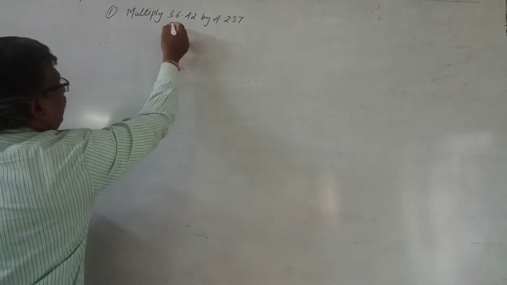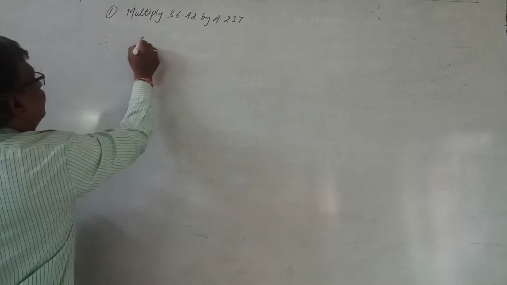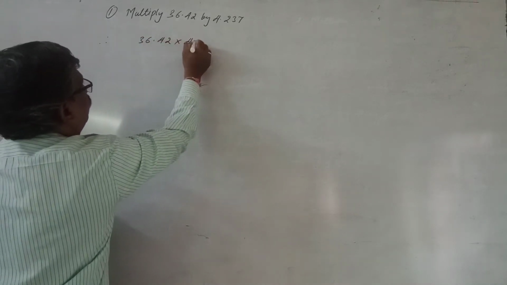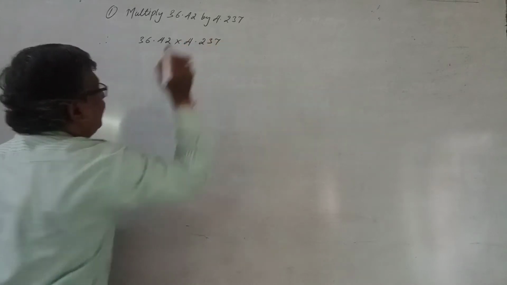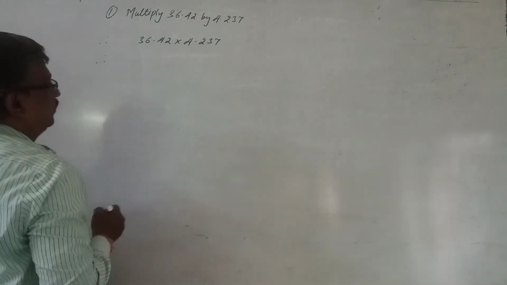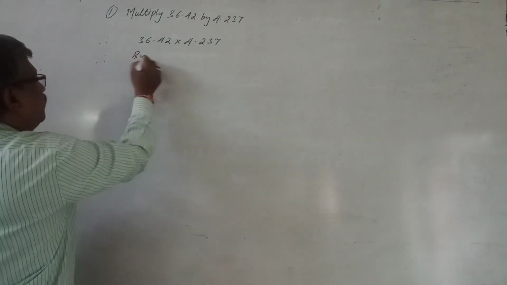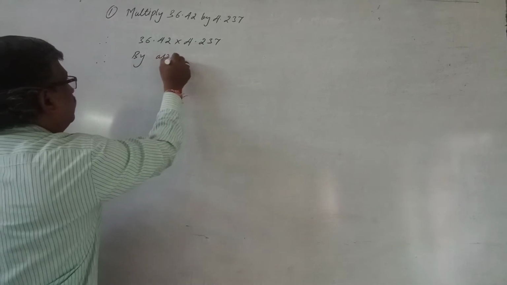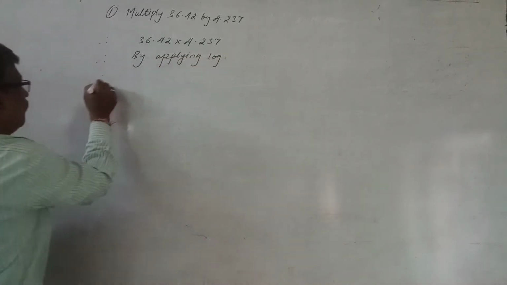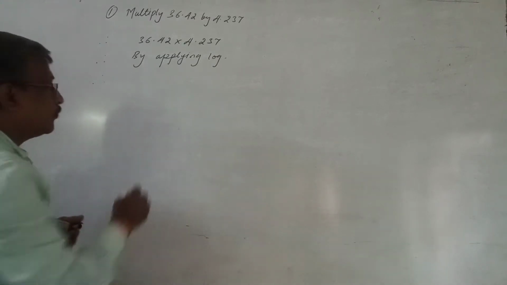So again I will rewrite this problem, that is 36.42 we have to multiply by 4.237. So how to multiply in the words of logarithm? First, as it is, you apply log.